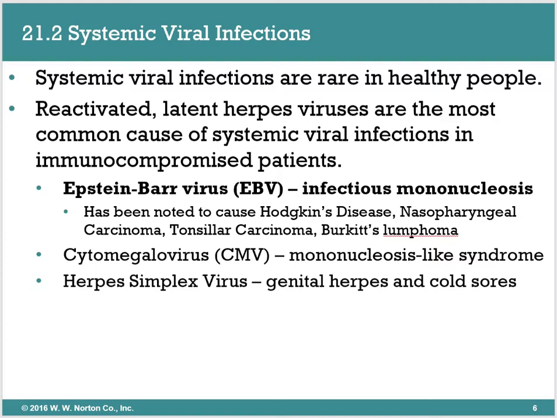And then there's also CMV. So this is very, very similar to the previous infection, where it will present a lot of times in immunocompromised patients. And then also the herpes simplex virus. So this is associated with the genital and cold sores. So normally you don't see viral systemic infections in healthy patients.